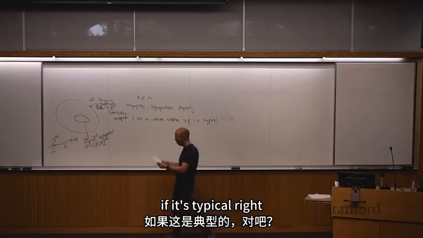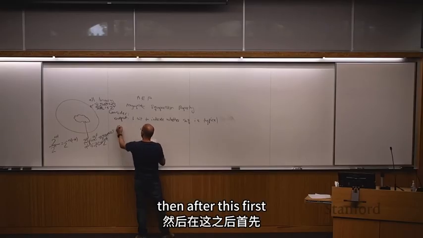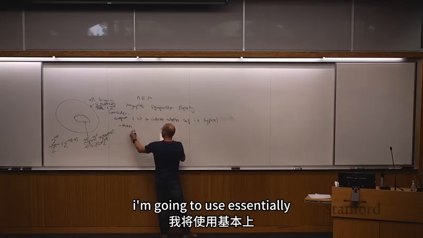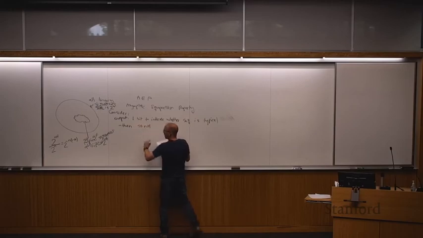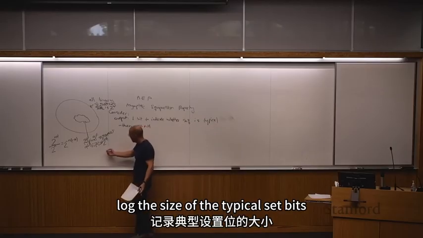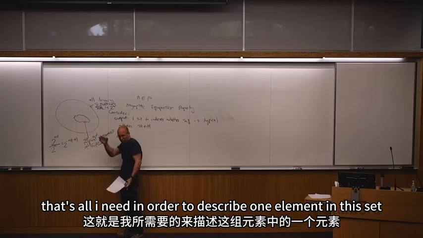If it's typical, then after this first bit, I'm going to use essentially nh bits, because I'm going to use essentially log of the size of the typical set bits. That's all I need in order to describe one element in this set.